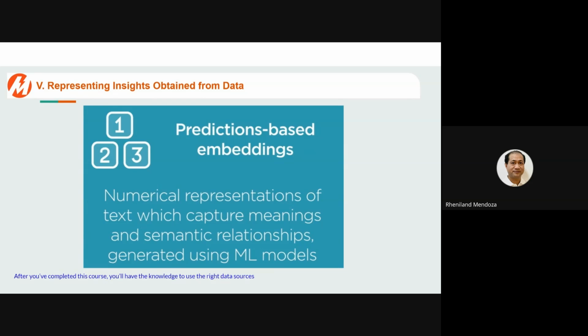Generating prediction-based word embeddings involves the use of machine learning models such as neural networks, and popular word representations generated using this technique are, for example, Word2Vec and GloVe.